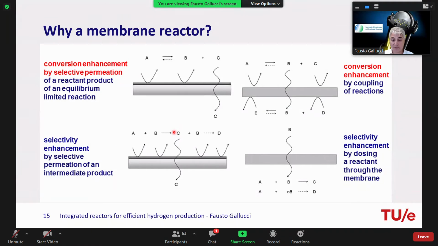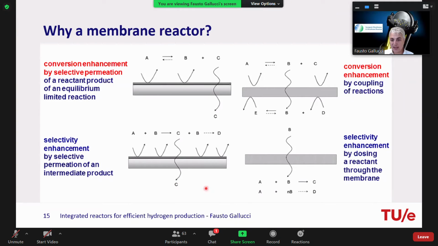For example, if you have an oxidation reaction, you want to do a partial oxidation and you want to achieve high conversion of the component A, there is a high possibility that your partially oxidized A, so C, is still reacting with oxygen to produce CO2. So if you can remove this product, then you have an enhancement of selectivity.